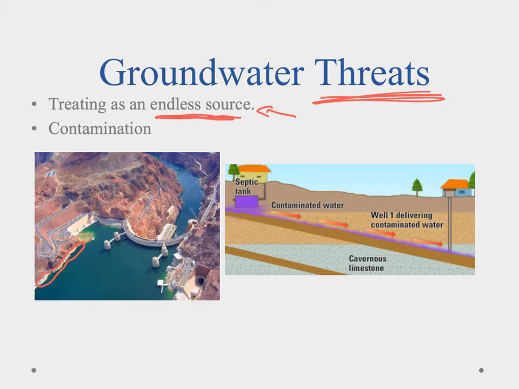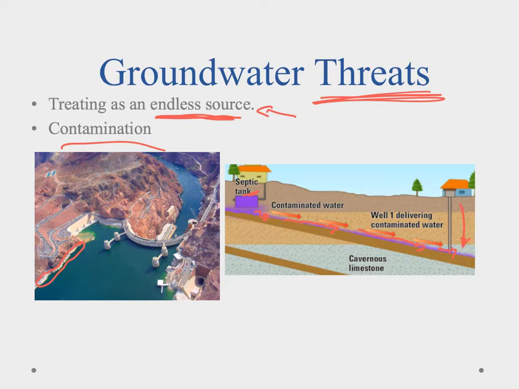Now, the other major threat to it is contamination, and we can see contamination happening in several different ways. We have a well over here. If we have a septic tank that's broken or leaking here, then the contamination is going to come down and get into the groundwater and flow, and eventually it's going to reach down to where we're pulling that water back out.